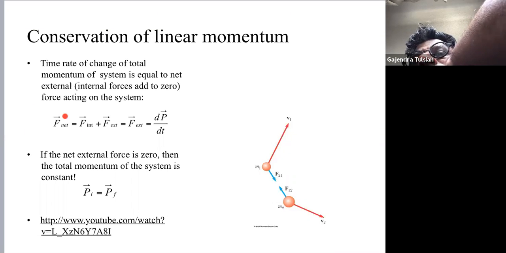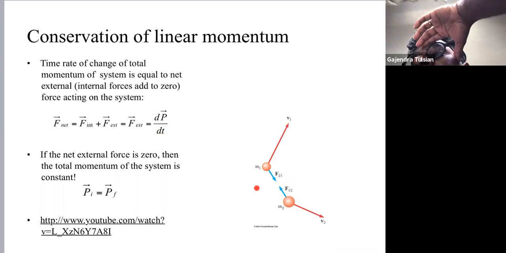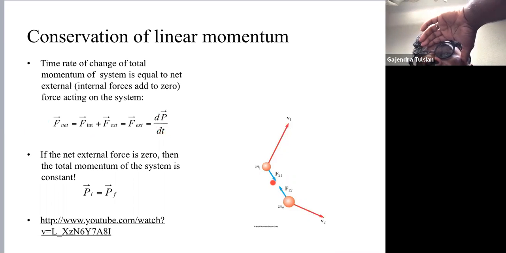So Newton's second law says the net force is equal to the time rate of change of momentum of the system. Now these are internal forces, and you can see that these two add up and they add up to 0. So internal forces always will add up to 0. And the net force is any internal force plus any external force acting on the system.